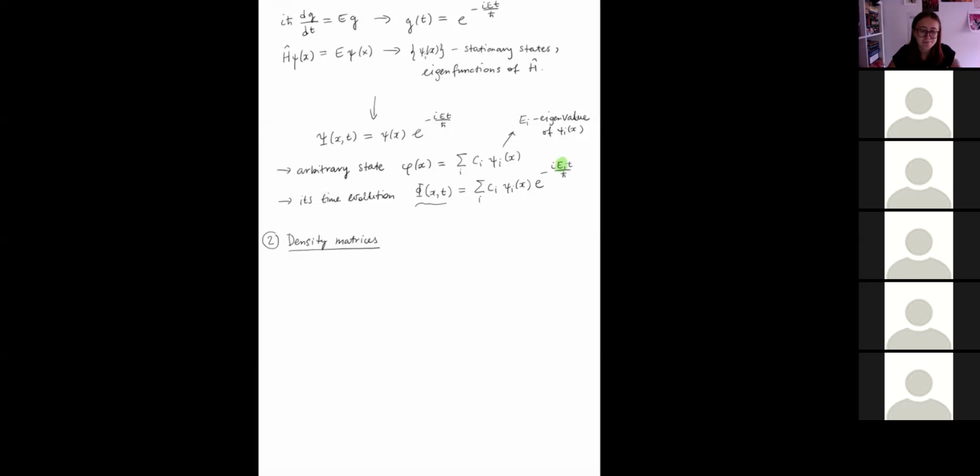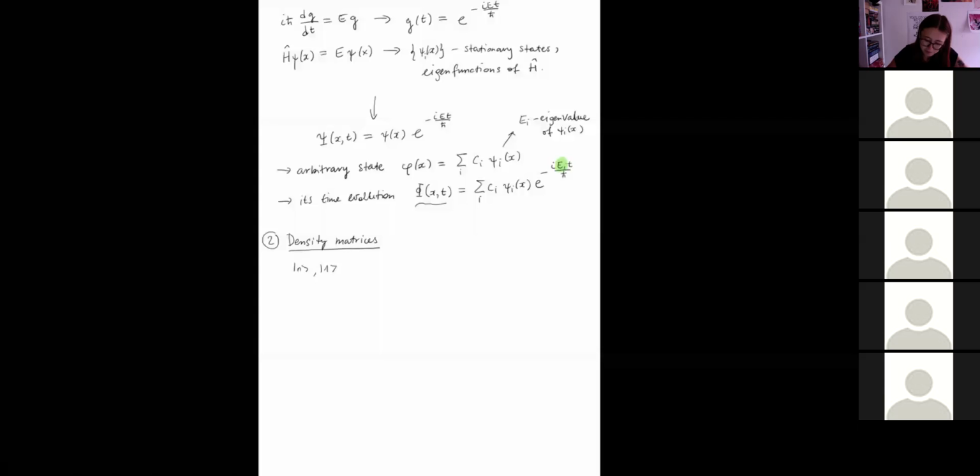So for example, I have two states, 0 and 1, or I am able to prepare these two states, 0 and 1.